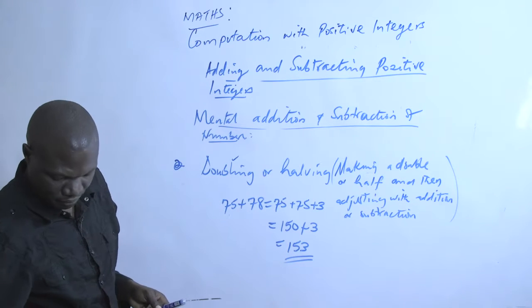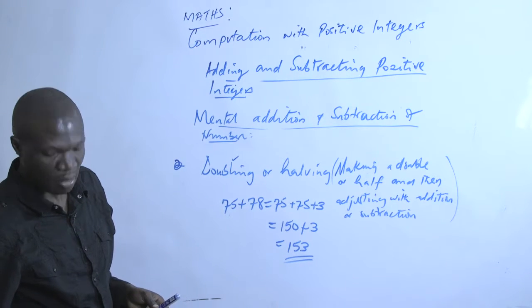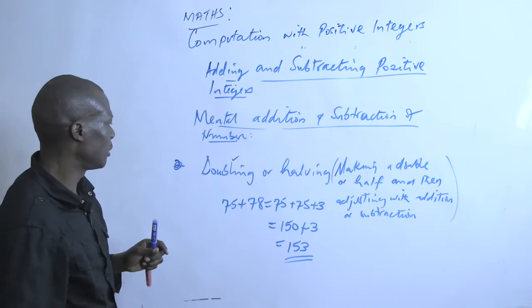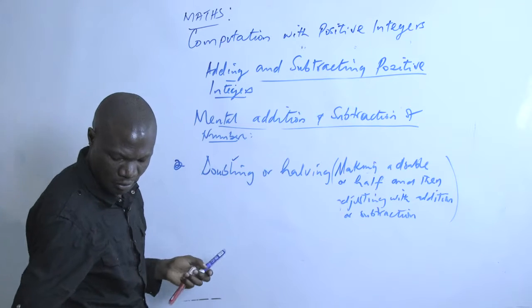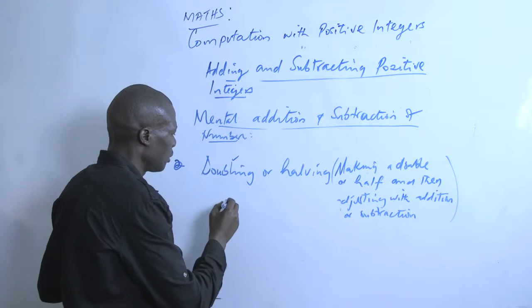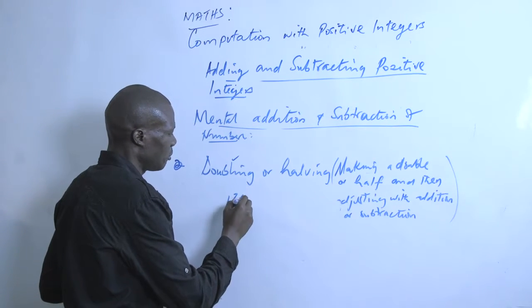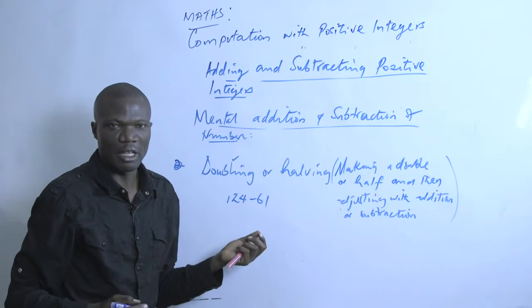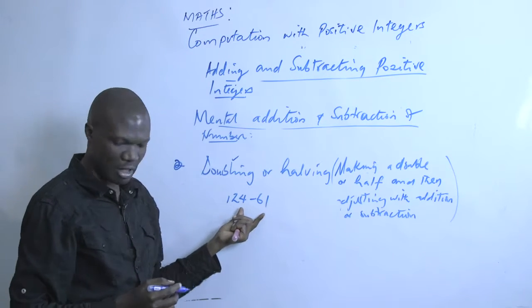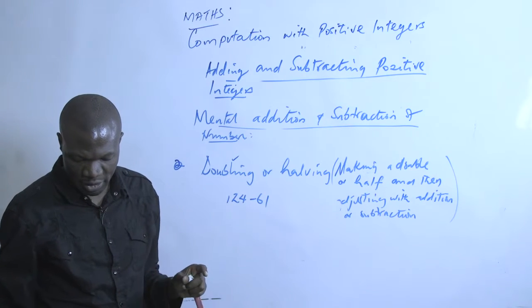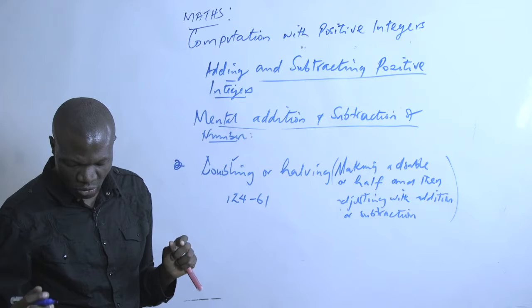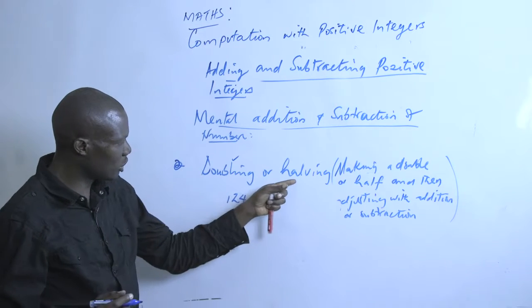Another example, 124 minus 61. These are two numerals, 124 minus 61. We need to subtract these two. And in this case, we are going to use halving.